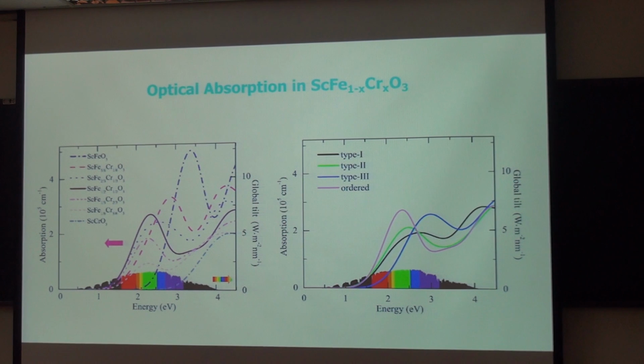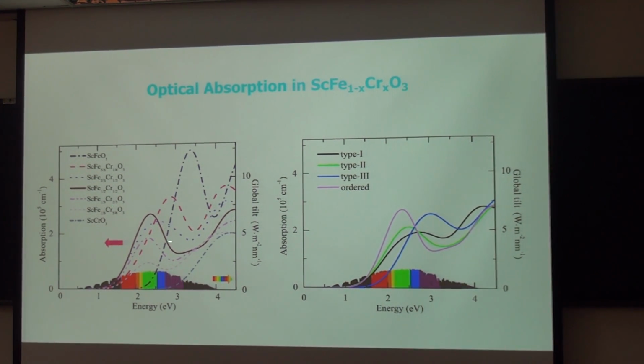So we also calculated the optical absorption of this system as a function of the concentration of the iron or chromium. We can find that the most important thing is that for the double perovskite structure, the absorption matches the solar spectrum very much. So for the parent compound, the absorption usually starts from the violet region. That means the system is a wide band gap insulator.